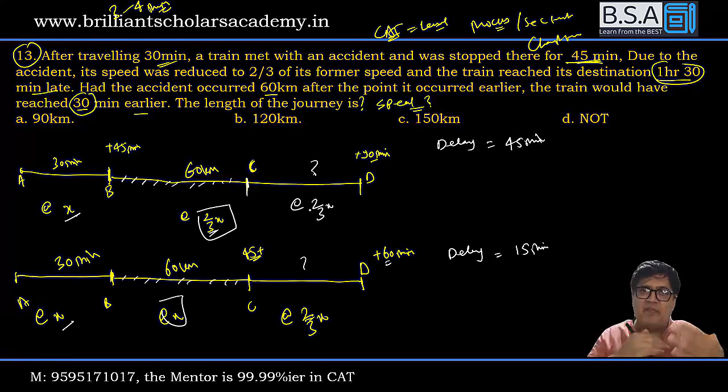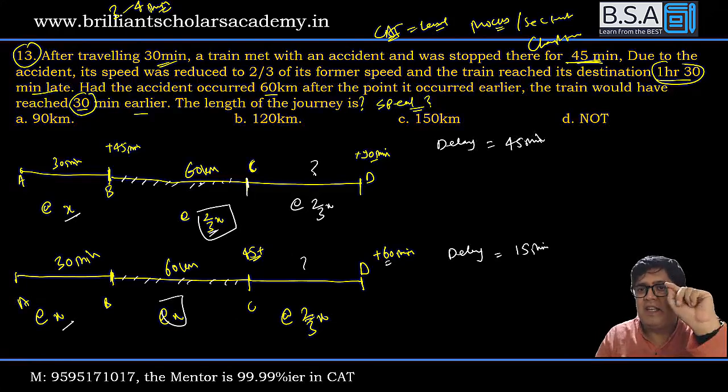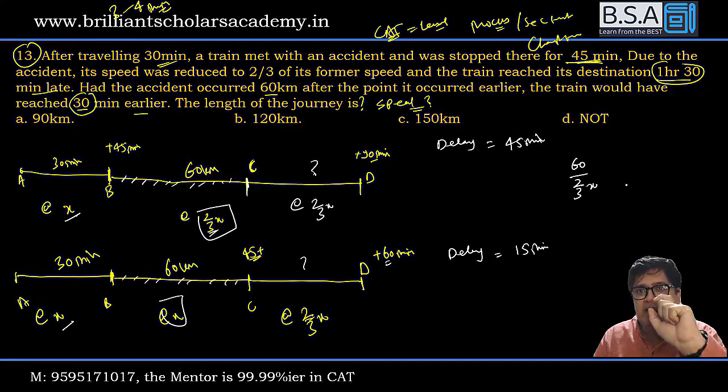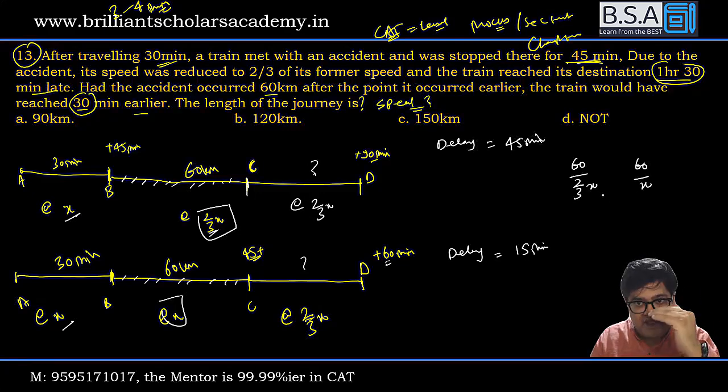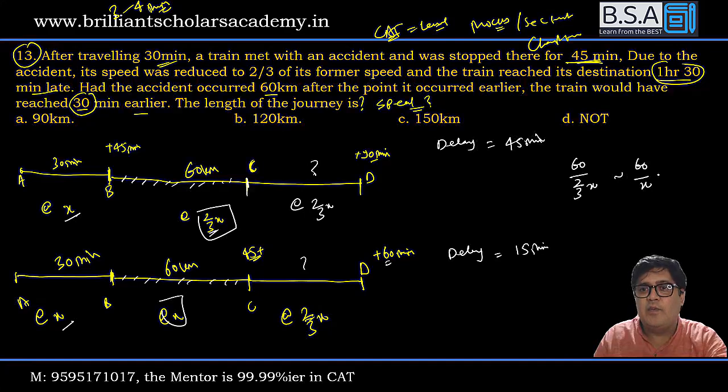The only difference between the two outcomes is between BC. In the first case, the journey is 60 kilometers with a speed of 2 by 3x. In the second case, the journey is 60 kilometers with the speed of x. Because of this higher speed, you manage to save half an hour.